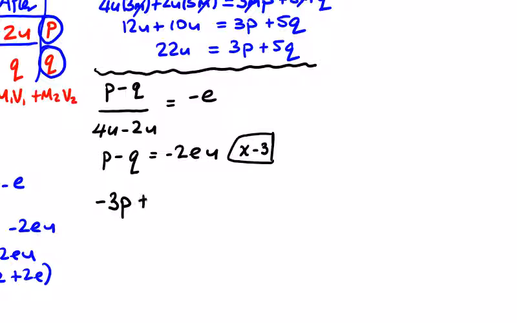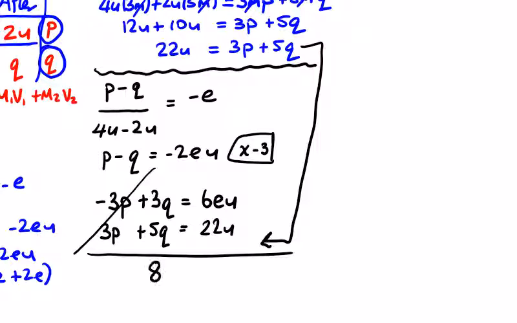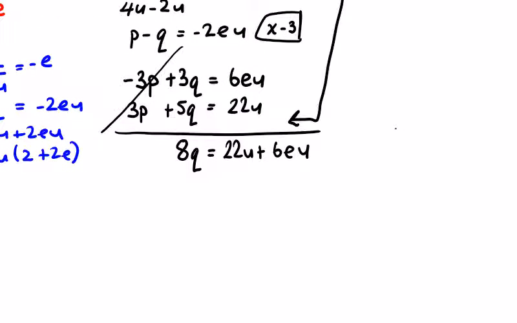Minus 3P plus 3Q is equal to 6EU. Let's see, does this help us if we get rid of P? 3P plus 5Q is equal to 22U. So if we add these two lines together, we're going to get 8Q is equal to 22U plus 6EU. Now we're asked something about E here, so let's simplify this down.